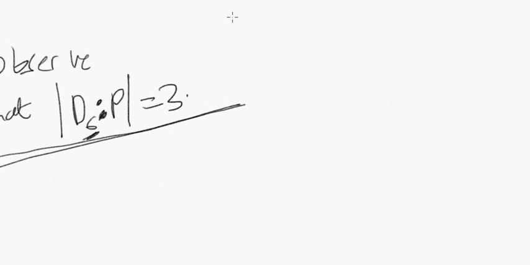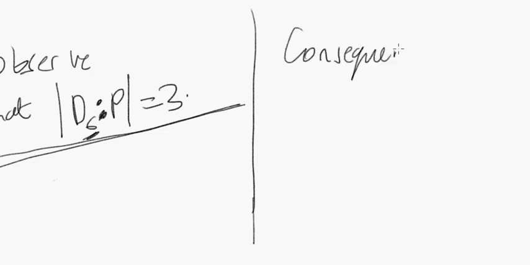The next step is to think about, well, okay, it's all well and good, we've seen Lagrange's theorem in action, some interesting observations, but what is it good for? So we're going to look next at the consequences.